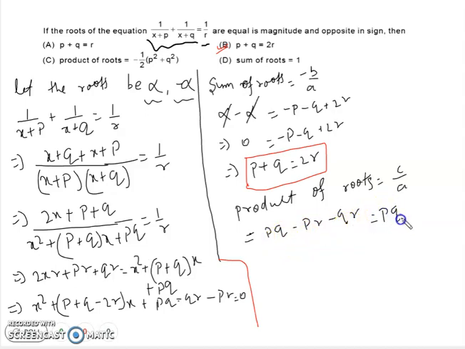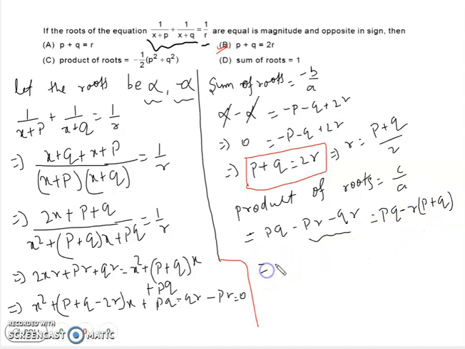Now pq, and after taking minus r common from these two terms, you can write here p plus q, right? And from this equation you can say that the value of r is p plus q by 2, and this r value we will put in this equation, right?